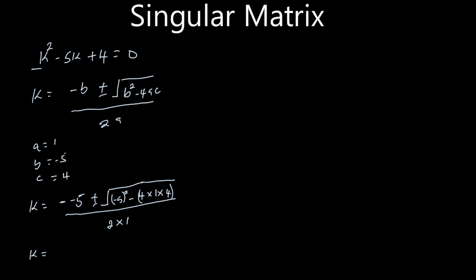So we have k equal to, we simplify this, minus times minus is a plus, so we have 5, then plus or minus the root of minus 5 squared, which is 25, then minus 4 times 1 times 4, which is 16, divide everything by 2.